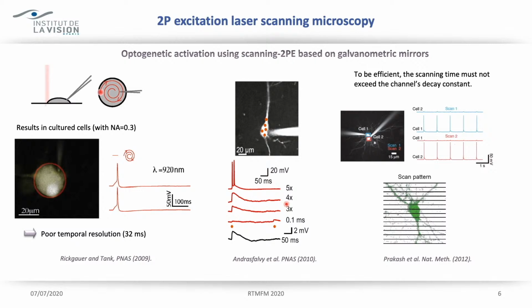Despite the fact that successful single-cell optogenetic activation using scanning two-photon excitation based on galvanometric mirrors with spiral, random, or raster scan patterns has been demonstrated, the success of this approach is reliant on the relatively long decay constants, of the order of tens of milliseconds, exhibited by some opsins. Provided that the scan period is shorter than the opsin photocycle time constant, sufficient photocurrent can be integrated to appreciably change membrane potential and induce the cell to spike.